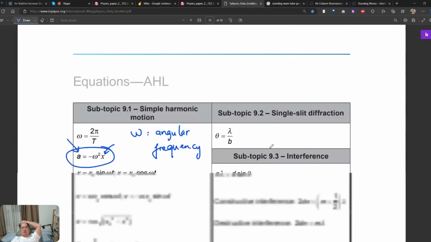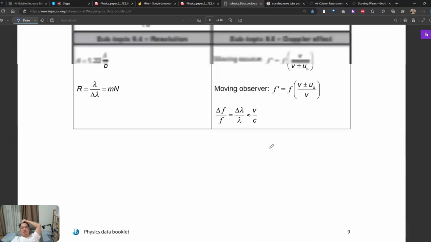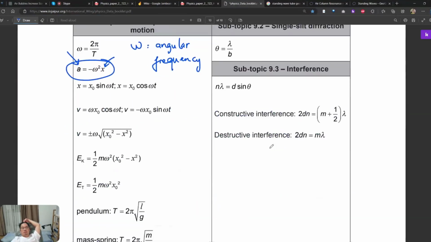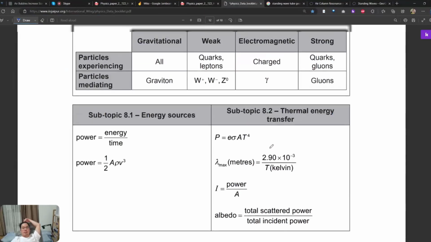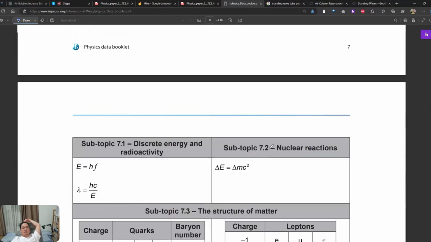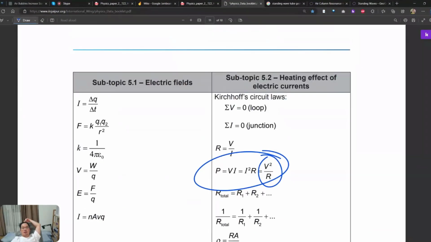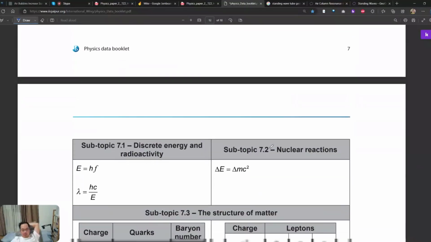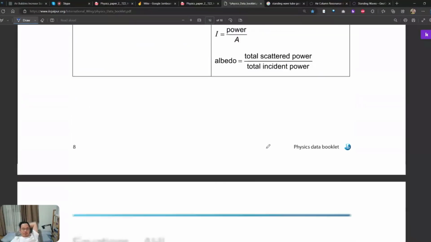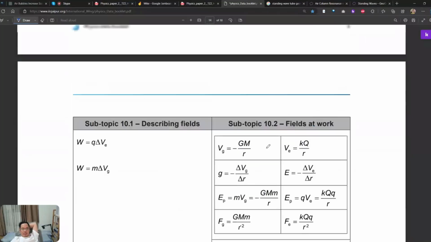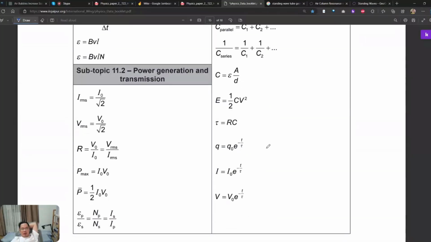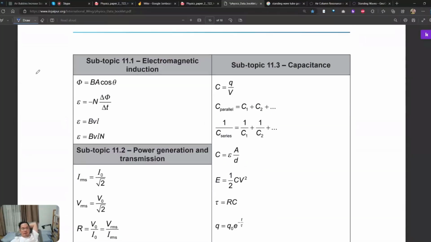I don't think it is in topic 8. That's so weird, it's not given here. How about topic 11? Oh, okay, I remember now. It is in topic 11. Yeah, this one, I'm looking for this one, topic 11.